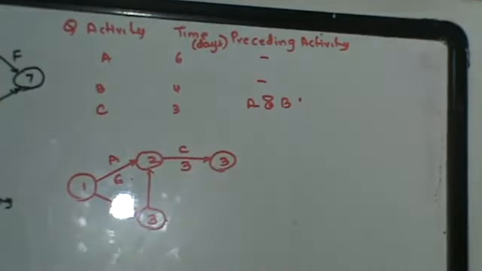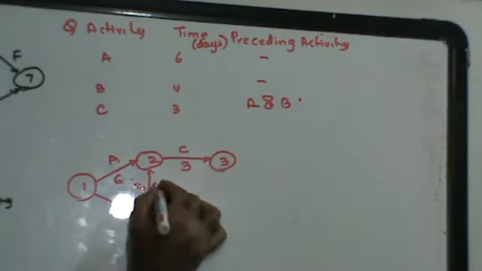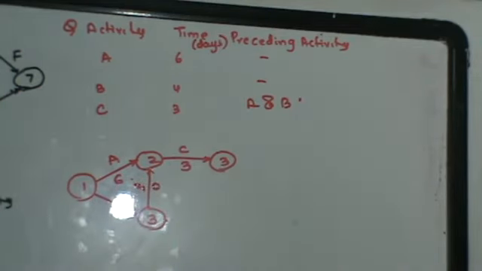This particular activity where I am going from 2 to 3 is not given to you, and this is called a dummy activity. A dummy activity is represented as x1 and its time period will be 0. Why is it not given? Because its time period must have been 0. Fine, do we get this thing clear?